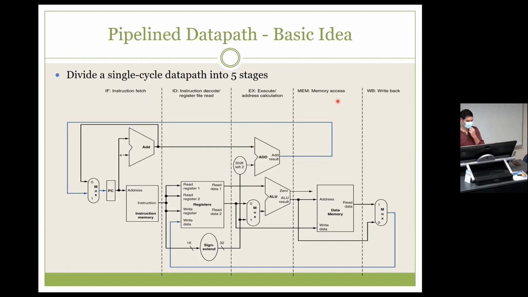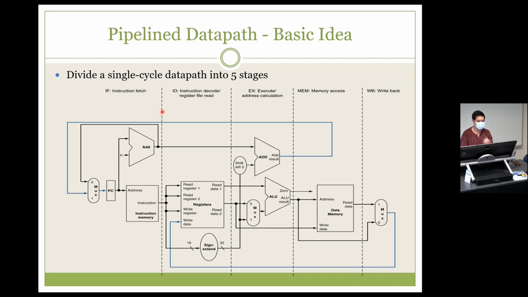Right. So how can we split up our data path in order to support pipelining? So we're going to divide it into these 5 different stages, right? This is instruction fetch. This is instruction decode and register read. This is execute. This is memory access, and then writing back to the register file.